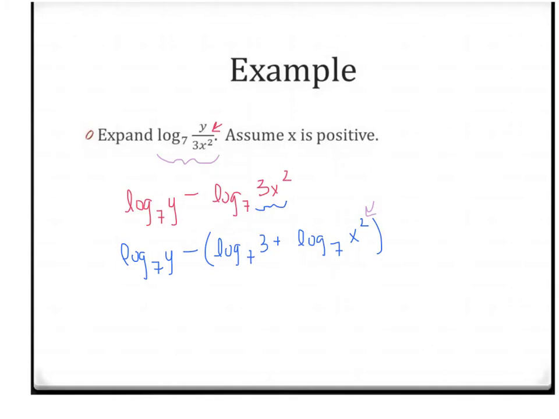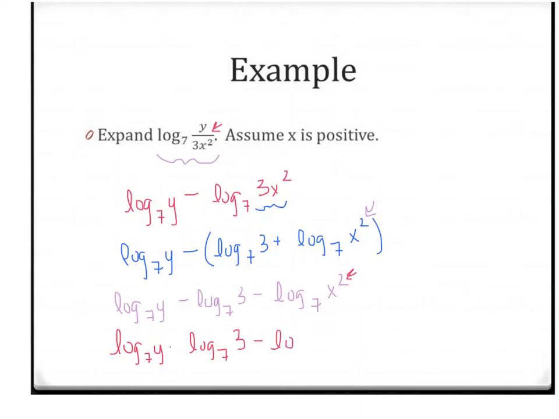I'm going to go ahead, distribute the minus sign, so minus log base 7 of 3 minus log base 7 of x squared, and then go one more step to address, because I can expand that a little further there, log base 7 of y minus log base 7 of 3 minus 2 log base 7 of x, and that then is completely expanded.